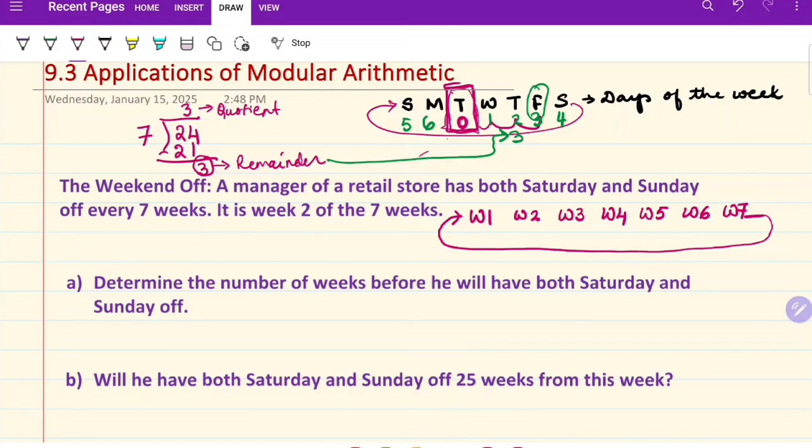And it also says that it is week 2 of the 7 weeks. So that is where he's positioned. He's already worked week 1, but currently he is in week 2. So I'm going to box that week because that is going to be the starting point for us to answer the questions. And week 2, I'm going to mark that as 0, position 0, so to speak. All right.